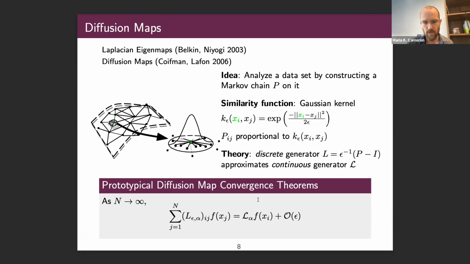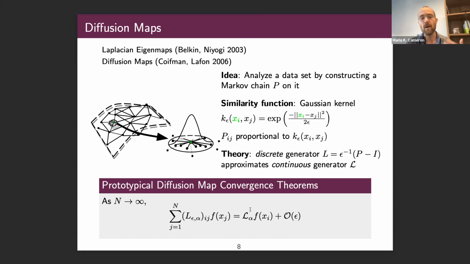The Markov chain is proportional to this kernel matrix, and the theory, which is part of why we wanted to use this, is that we have guarantees of the kinds of operator this approximates on the data set, given enough data, and that you're able to take this parameter small enough here. When you have this Markov chain, you subtract the identity, rescale it, and you can actually have an approximation for some sort of differential operator L on the data. The catch being that it may not be the one that you're looking for.